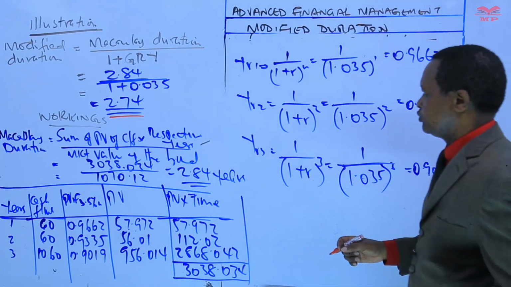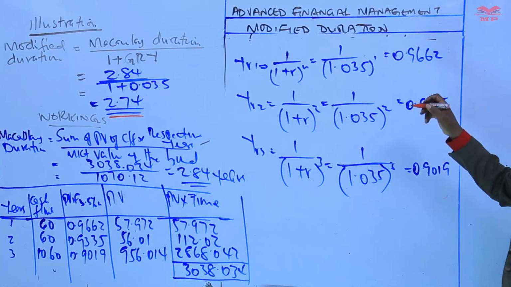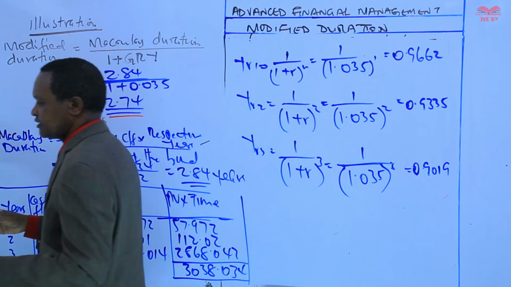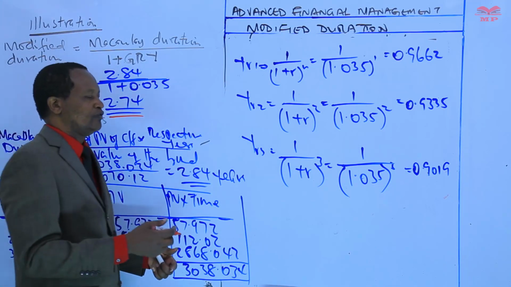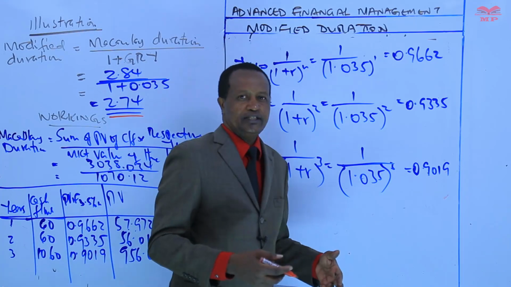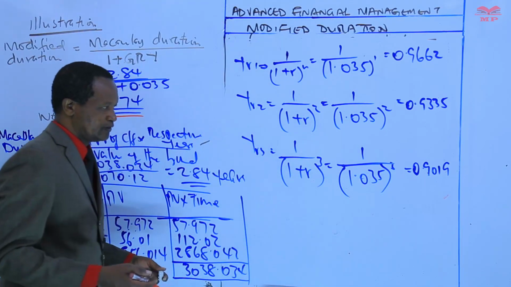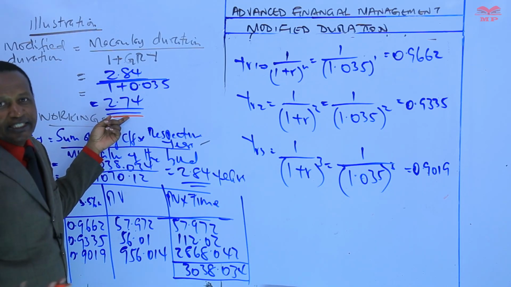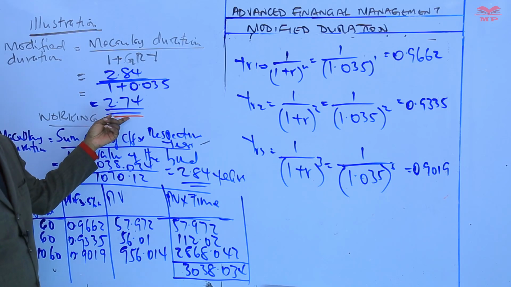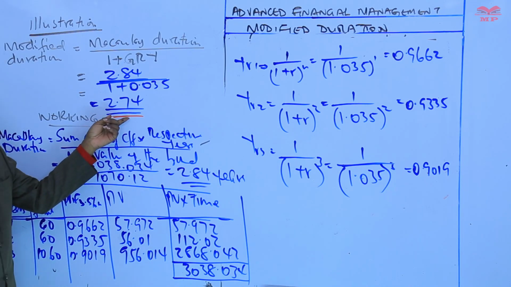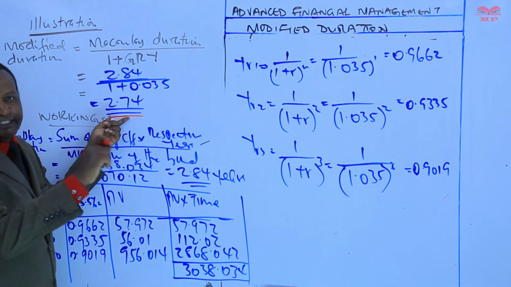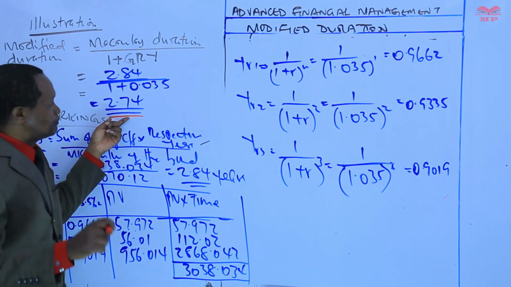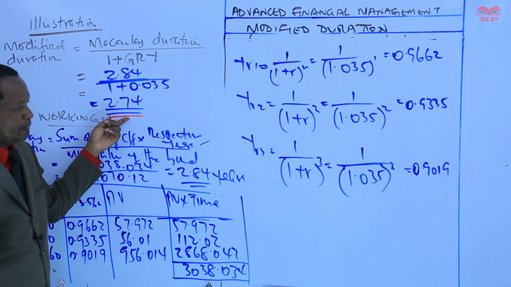In the opposite direction. You recall what we wrote here about the inverse relationship. We say that there is an inverse relationship between the price of the bond and the yield. So it could change either way, an increase or a decrease. If interest rates rise by 1%, the bond's price is expected to fall by approximately 2.7%.